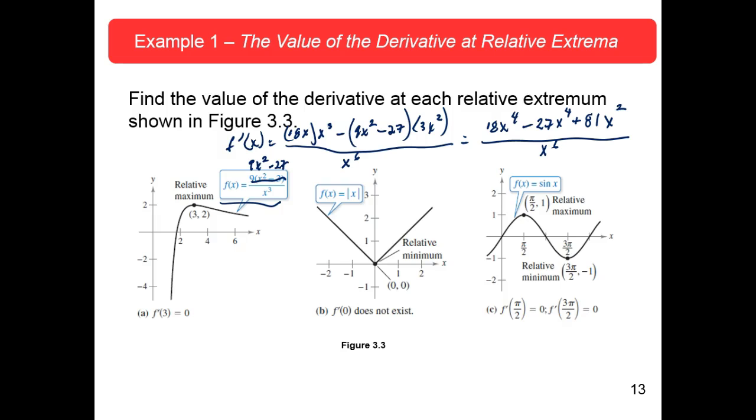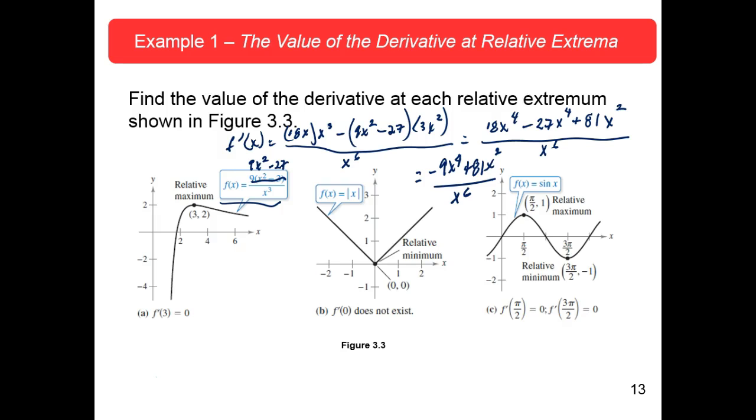Well, the 18 and the 27 have a common factor. Oh, yeah, right. Got it. So that would be minus 9x to the fourth plus 81x squared over x to the 6th. And then can you get rid of some of the x's?